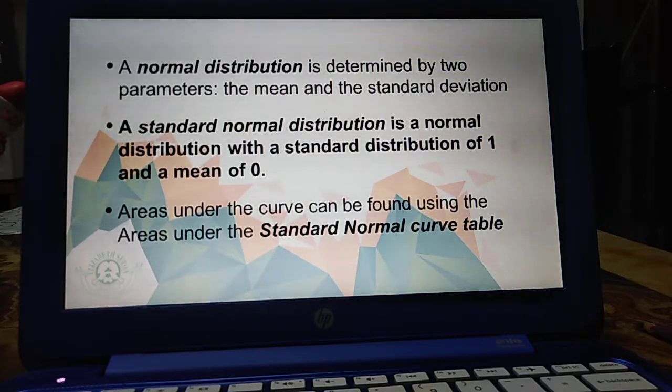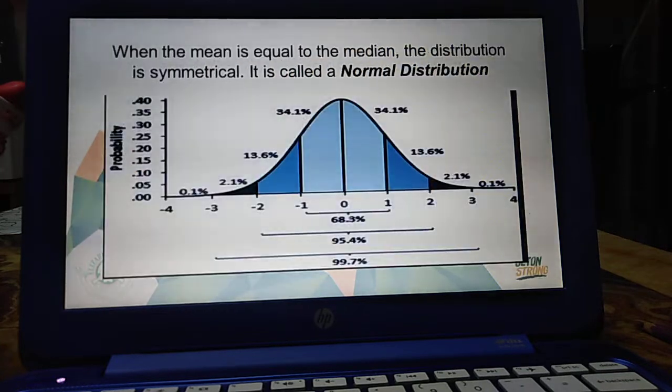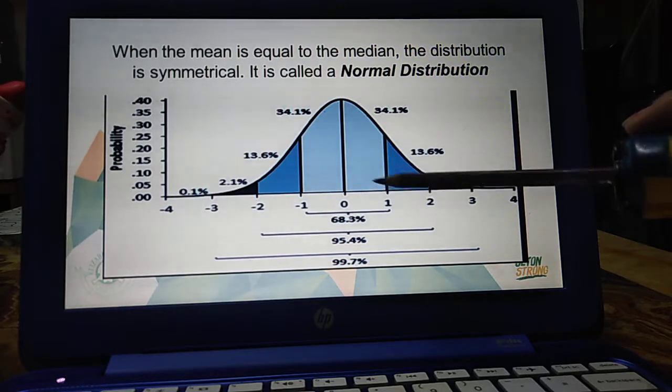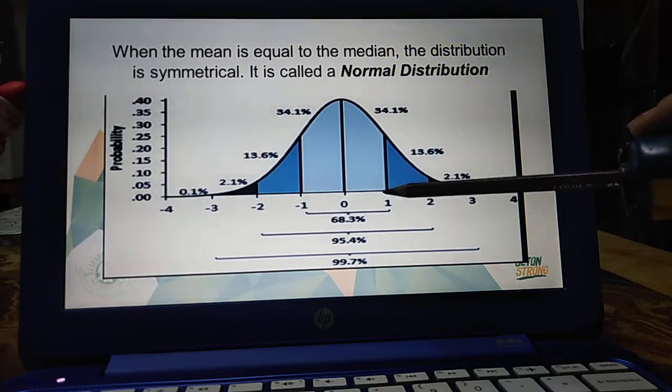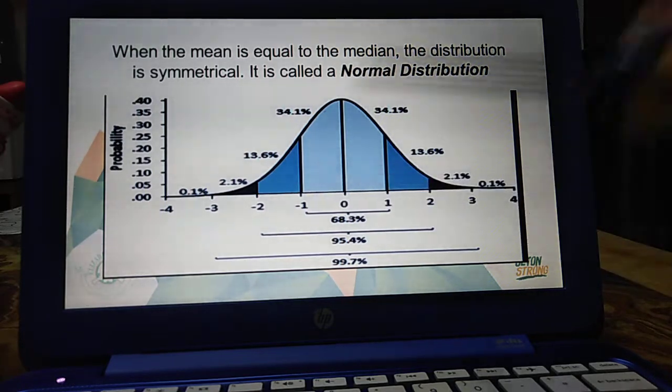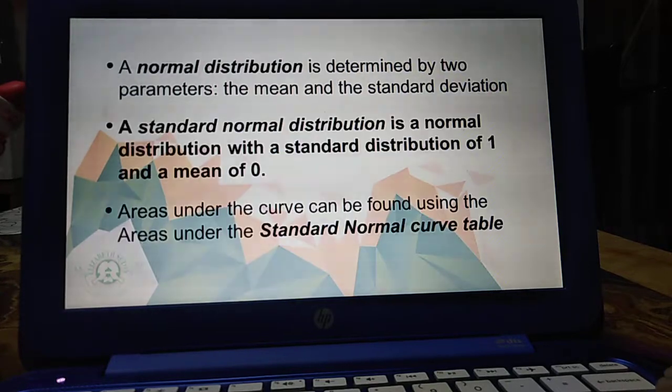So the normal distribution is determined by 2 parameters: one, the mean, which is in the middle of the curve, and two, the standard deviation. From 0 to 1 is 1 standard deviation. From 0 to -1 is again 1 standard deviation below the mean.